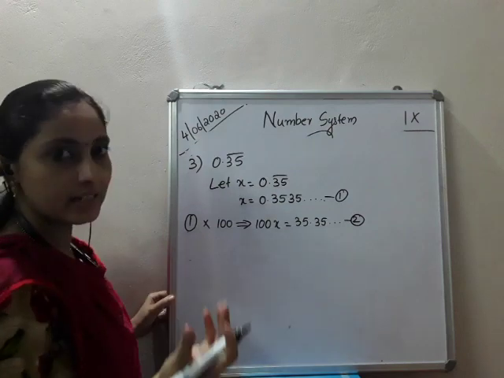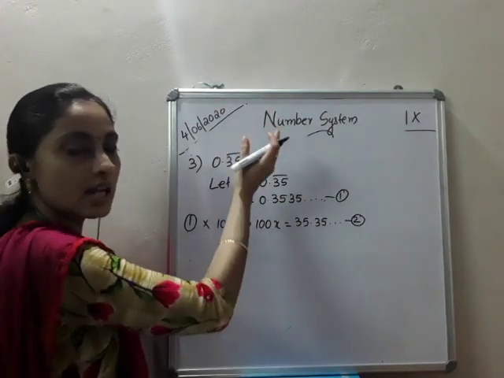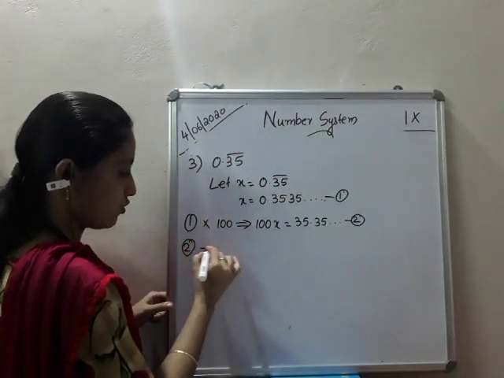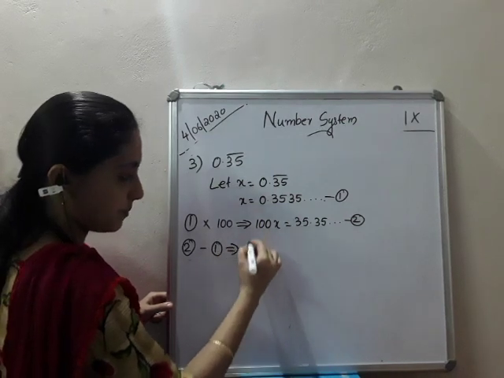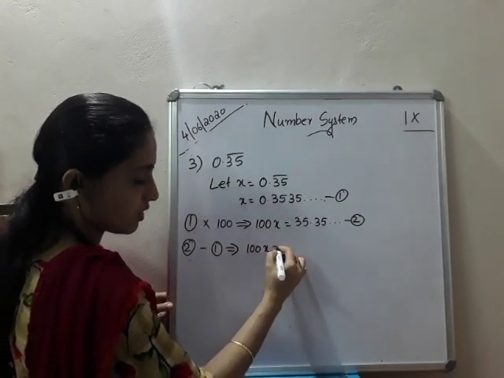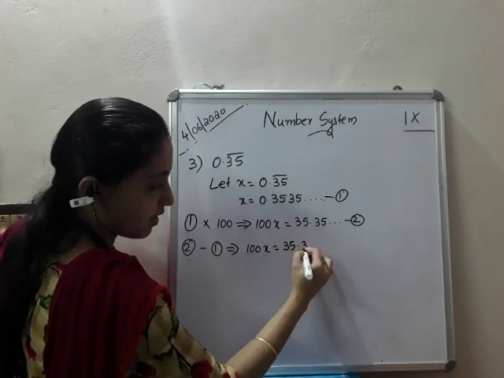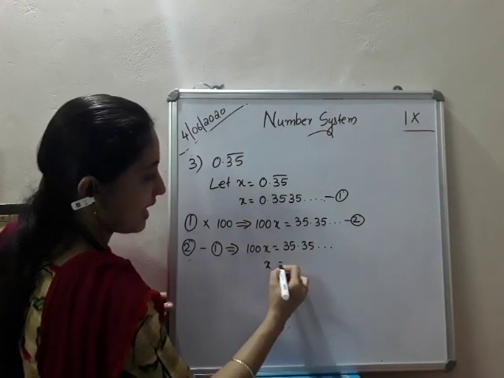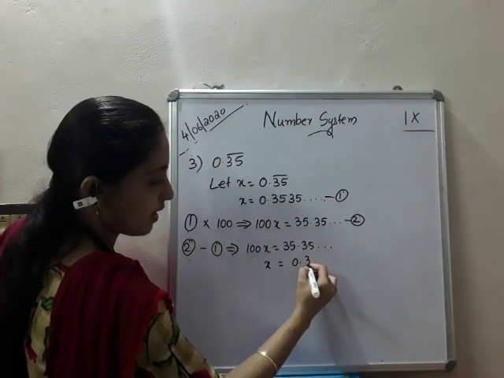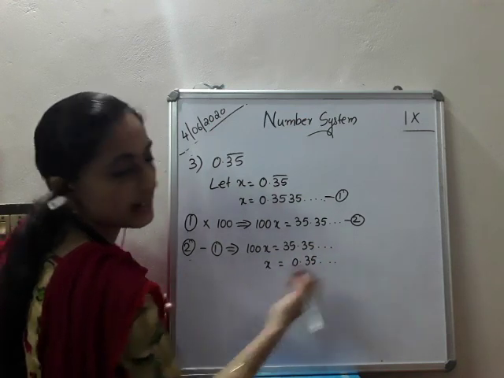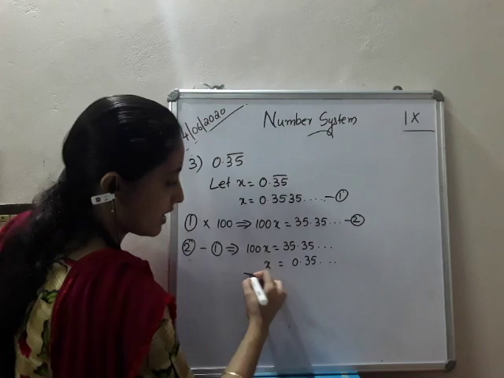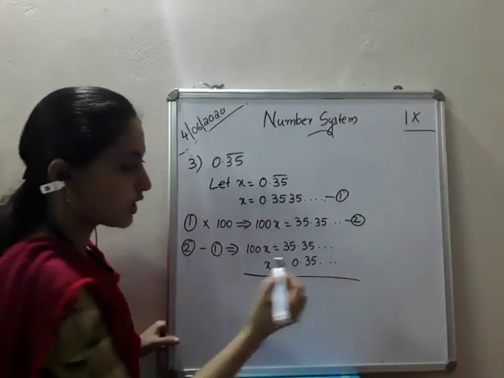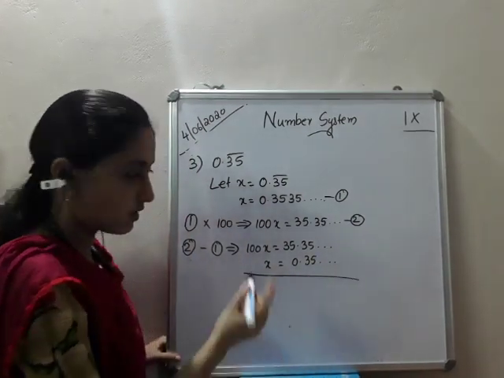Similar method. So what will be the next step? Equation 2 minus equation number 1. So equation 2 minus equation number 1 gives 100x is equal to 35.35 etc. minus equation number 1 is what? X is equal to 0.3535 etc. Okay. So don't forget to put the etc. here. Otherwise the answer will be wrong.